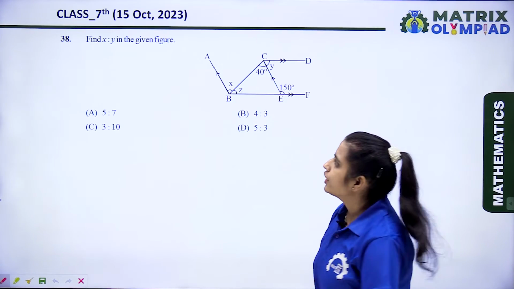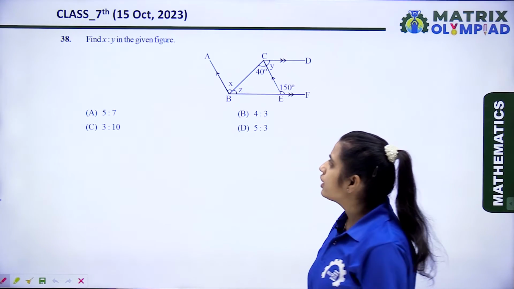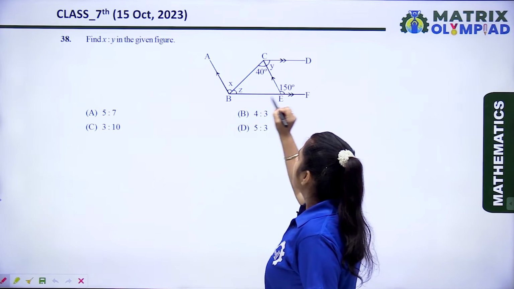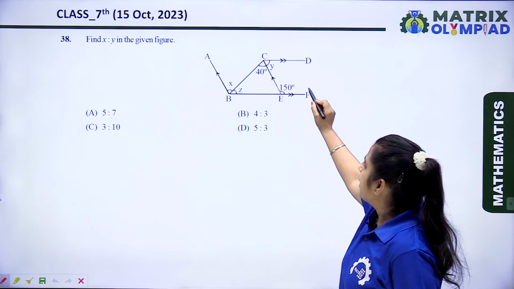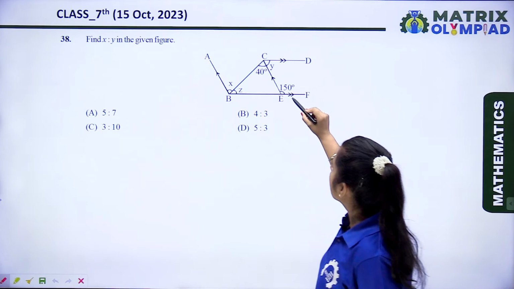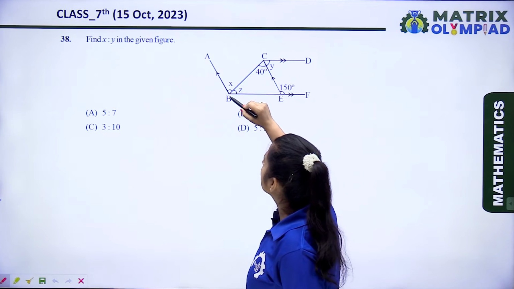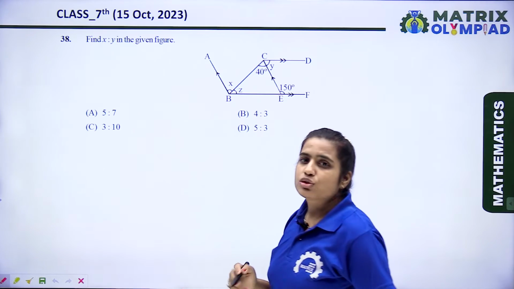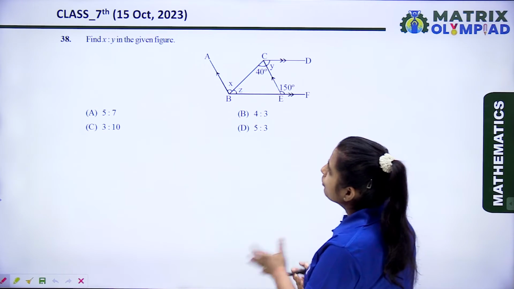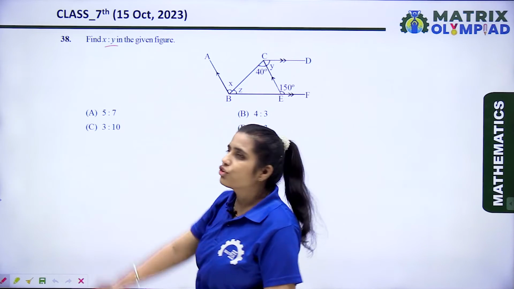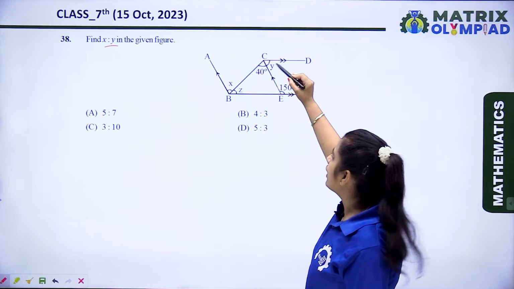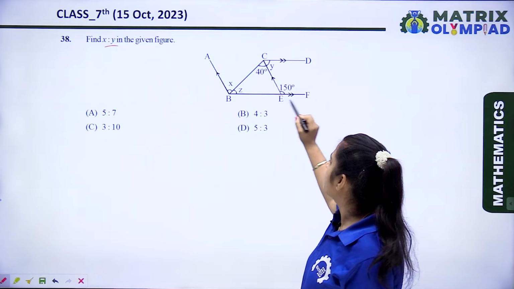Now the next question is, we have to find out X ratio Y in the given figure. Now here we are given parallel lines, that is CD is parallel to BF and EC is parallel to BA. So let's find out the angles first, then we are going to calculate X ratio Y. So here first we are going to find out the value of Y as CD is parallel to BF.